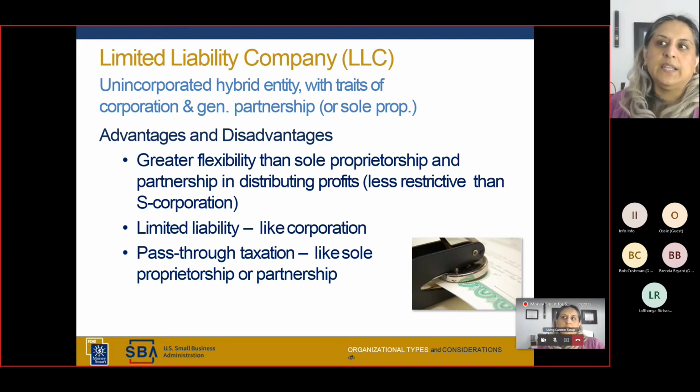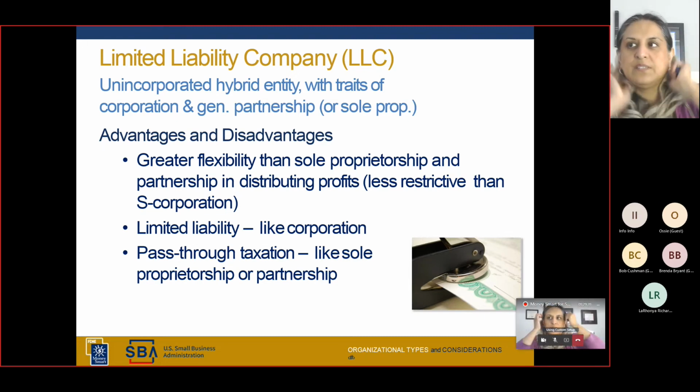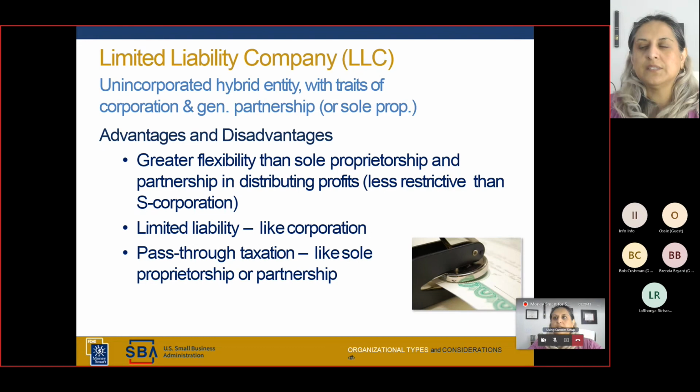Once we can't see the lines, then we know that it's no longer a business. So that's what they're talking about, and that's when you lose the feature of limited liability. So then they can go back after you for unlimited liability.